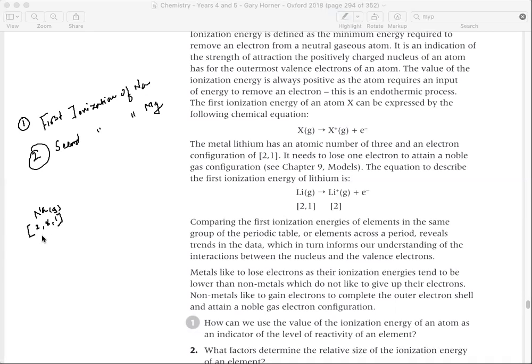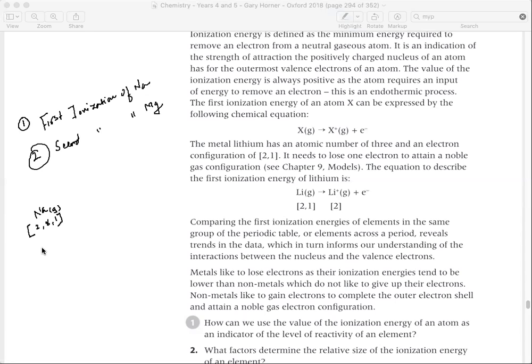Sodium is 11. Can anyone tell me the configuration in terms of orbitals for sodium? Who will say the electronic configuration of sodium in terms of orbitals? 3s1.